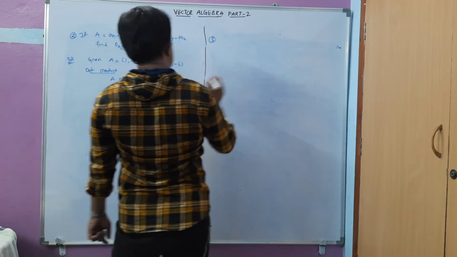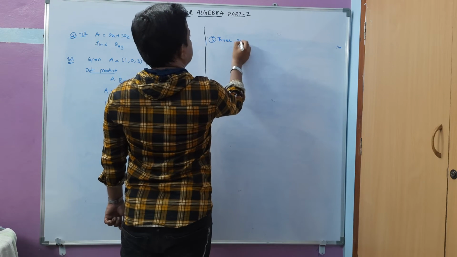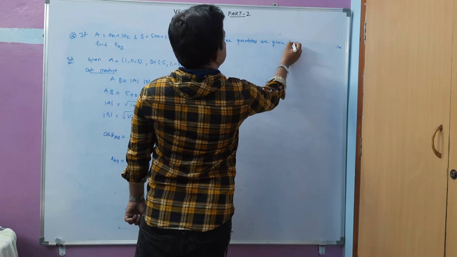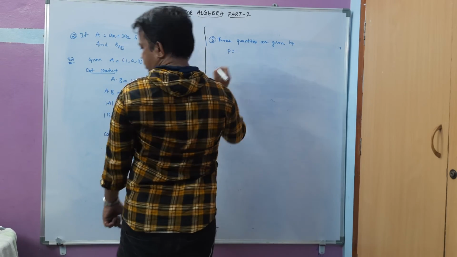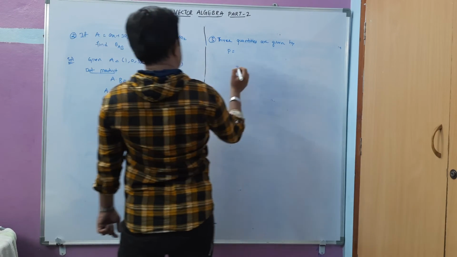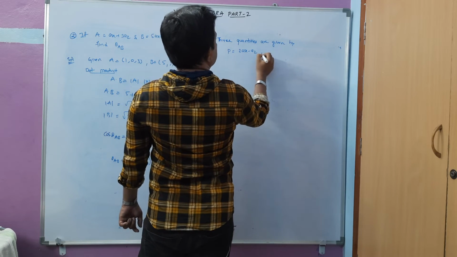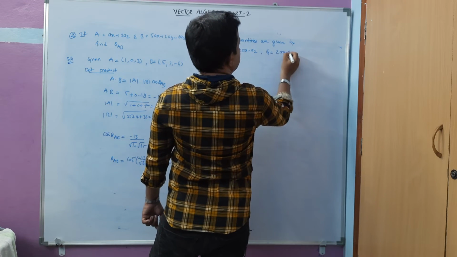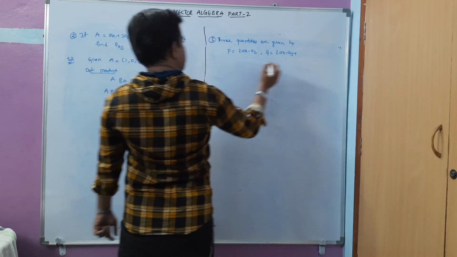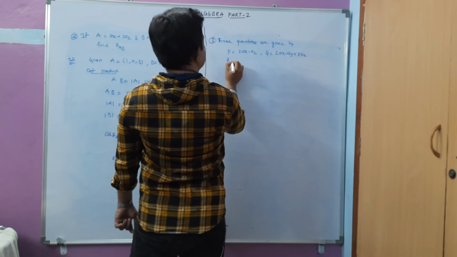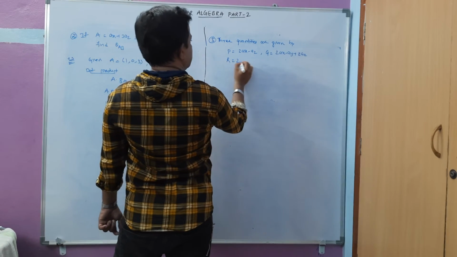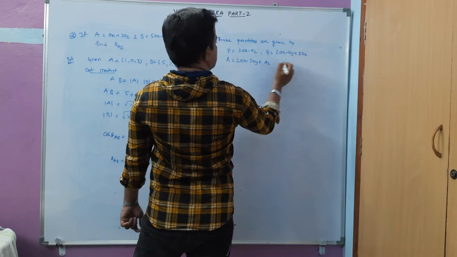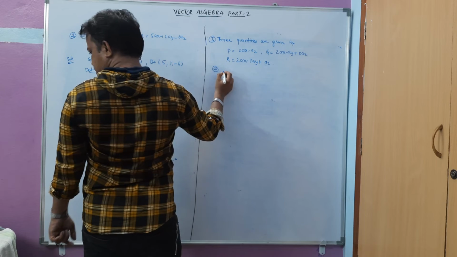Three field quantities are given: P as 2ax minus az, Q as 2ax minus ay plus 2az, and R as 2ax minus 3ay plus az. We have to determine the following: A, P plus Q cross P minus Q.